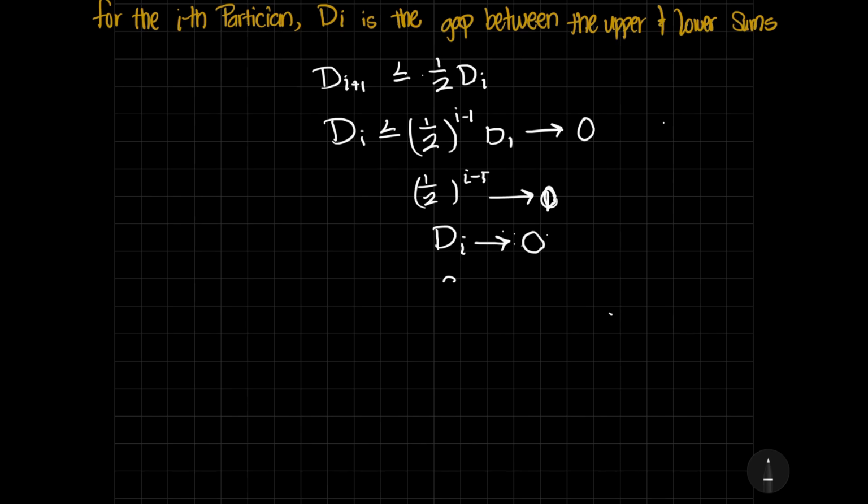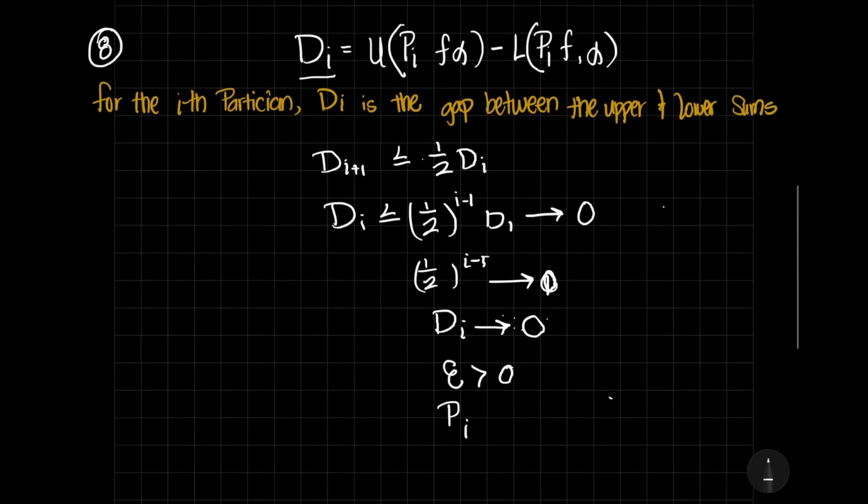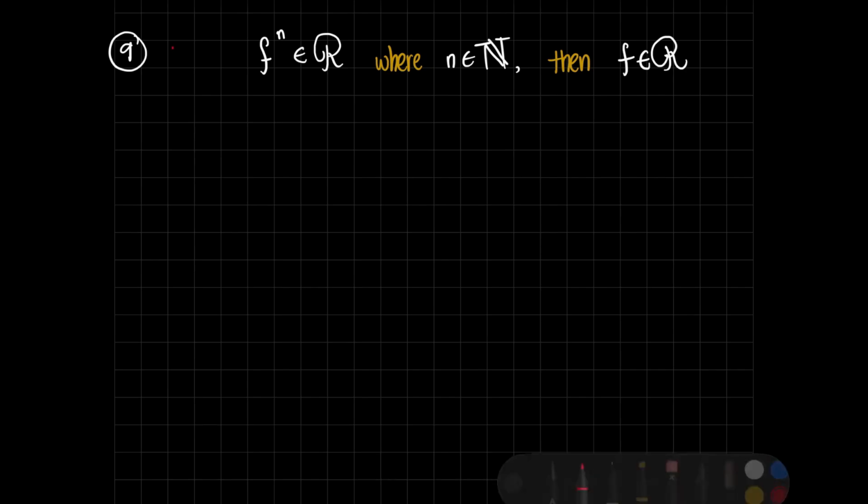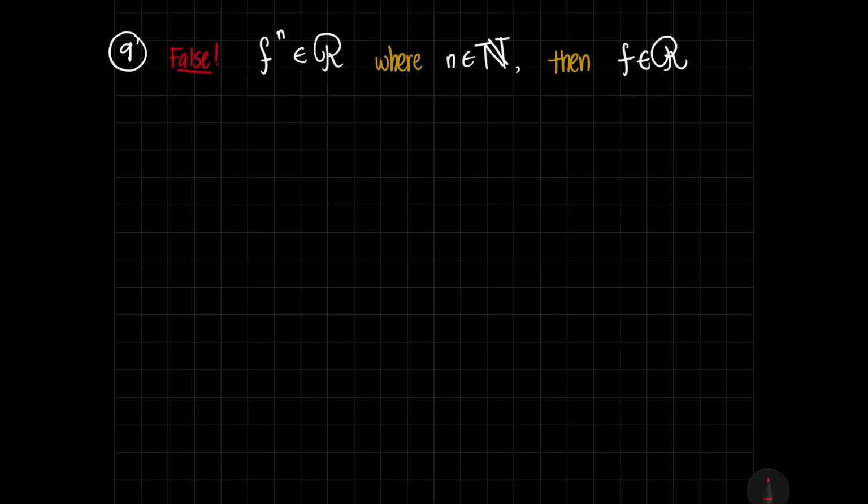Therefore, for every epsilon there exists a partition such that our given statement from above is less than epsilon. So by theorem 6.6, this proves that the function is Riemann integrable.